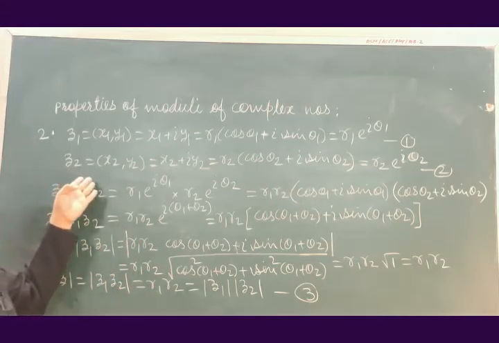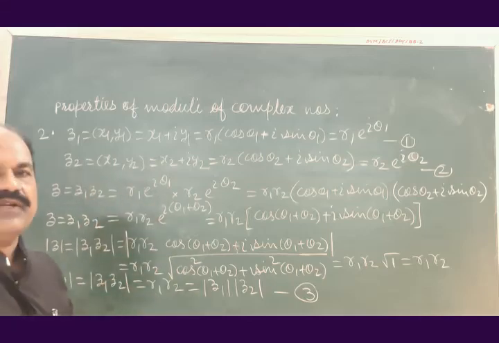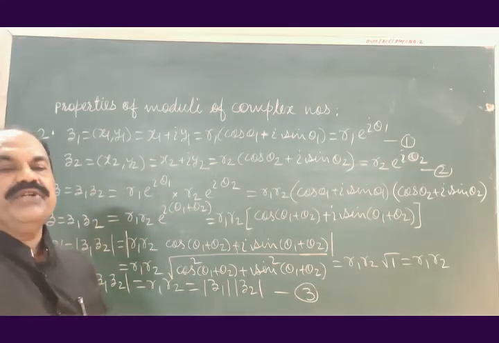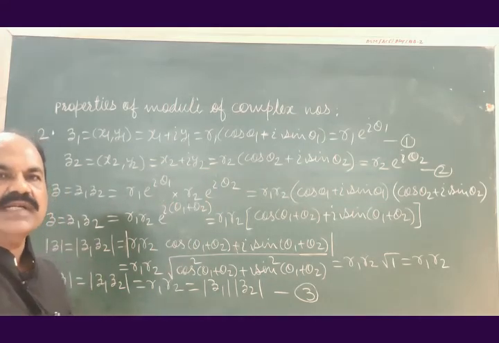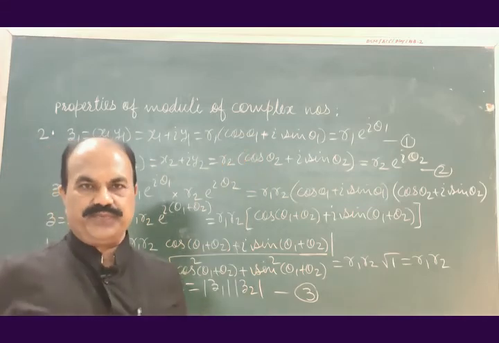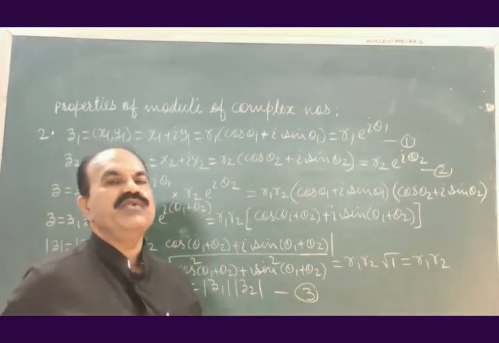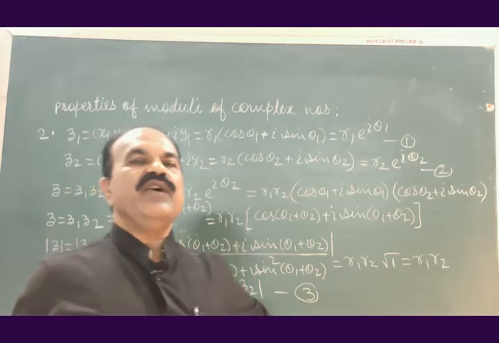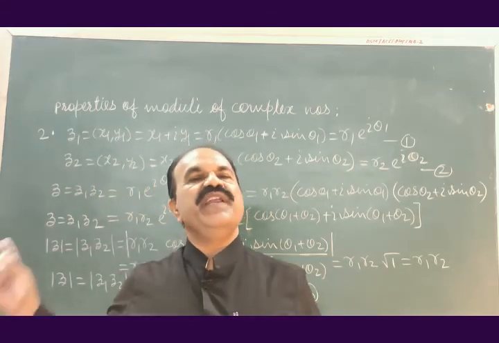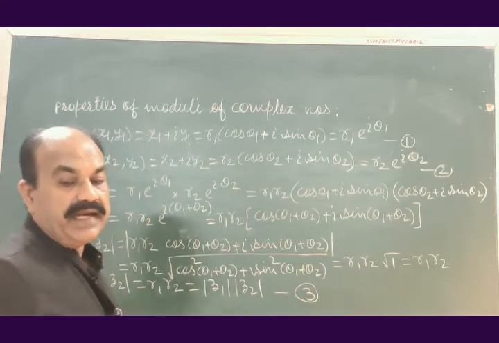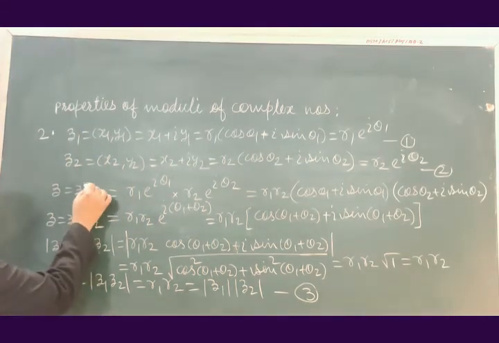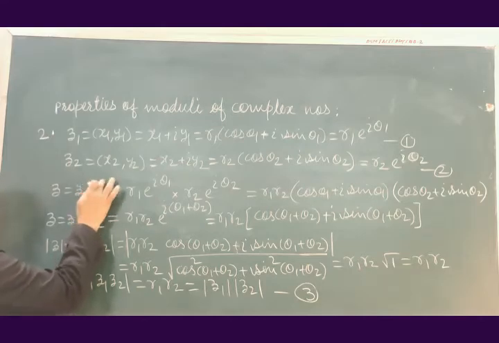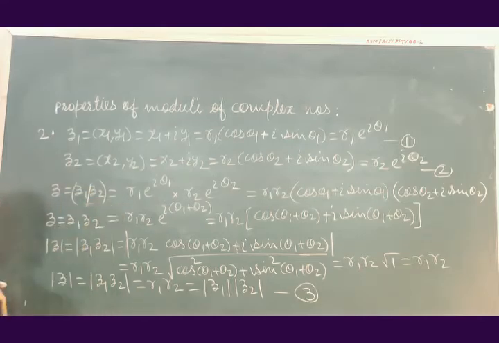Secondly, let us consider z2 is equal to x2 comma y2 is equal to x2 plus iy2 is equal to r2 into cos theta 2 plus i sin theta 2, that is nothing but r2 into e to the power i theta 2, equation number 2. Equations 1 and 2 are representing the complex numbers z1 and z2 in all forms. Let us have the division of these two complex numbers, z1 divided by z2.